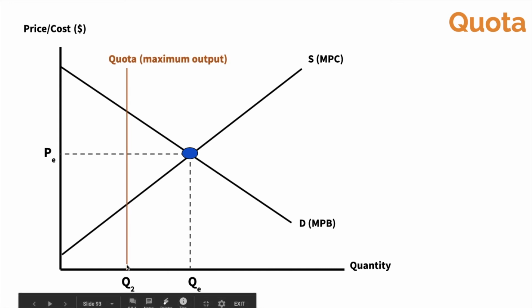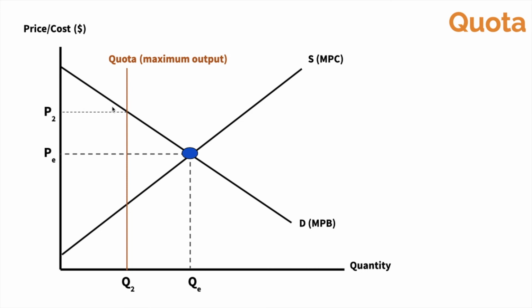Essentially what the government is doing is creating a perfectly inelastic supply curve, right? And what we would want to do at this point is look at where this new artificial supply curve intersects with our demand curve. And that happens here. So that is going to be our new price.